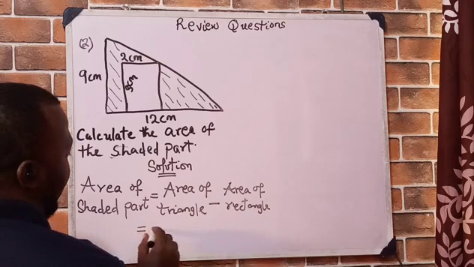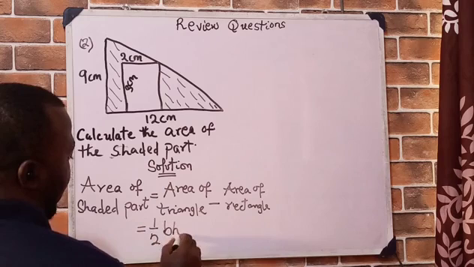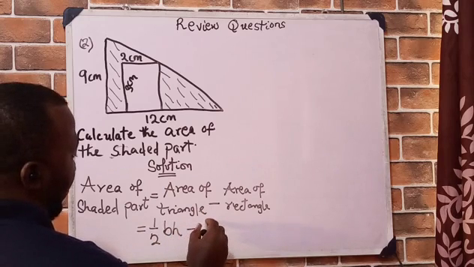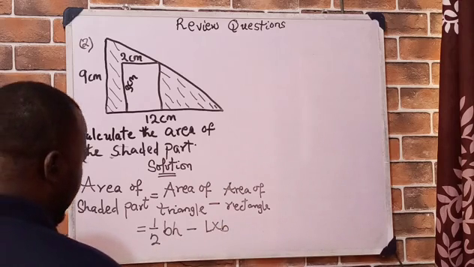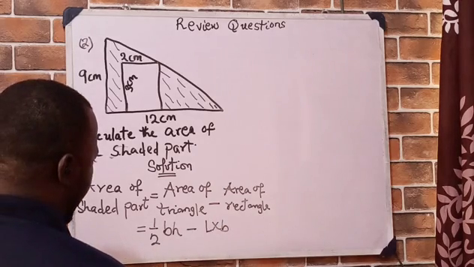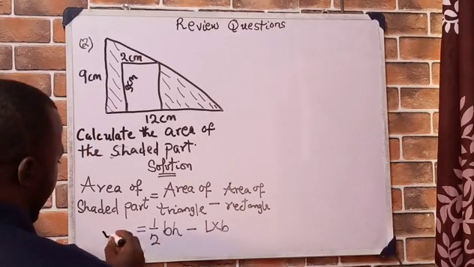And that'll give us area of triangle is half base times height, while the area of a rectangle is length times breadth. And that will give us for this area of the shaded part.